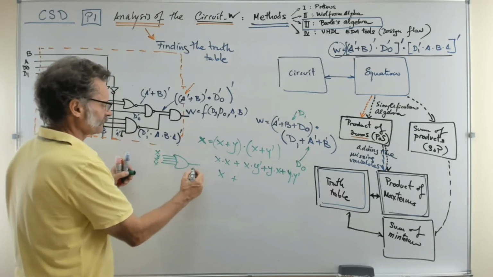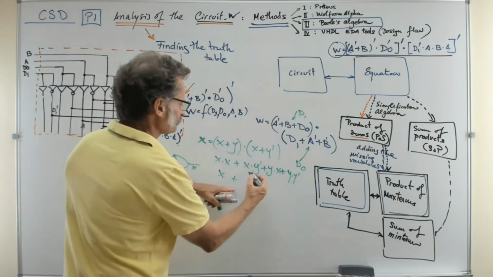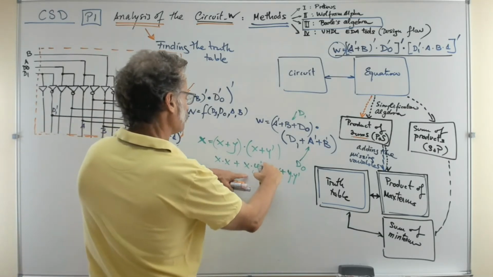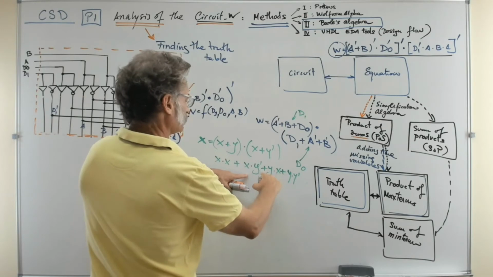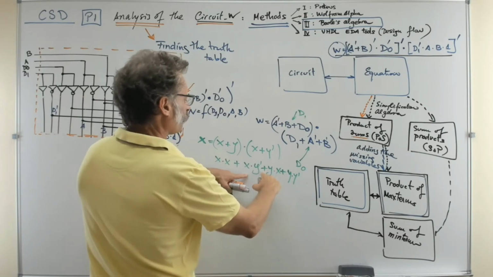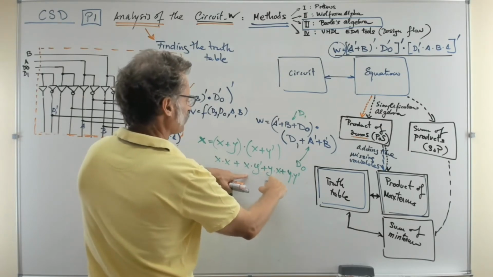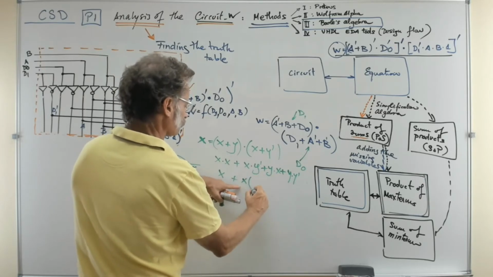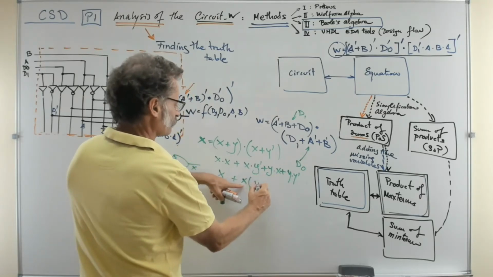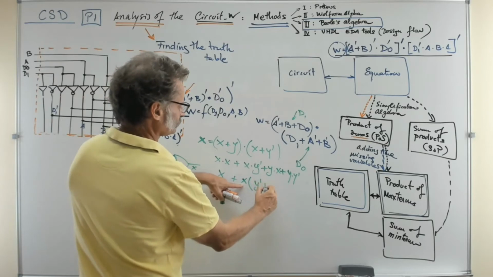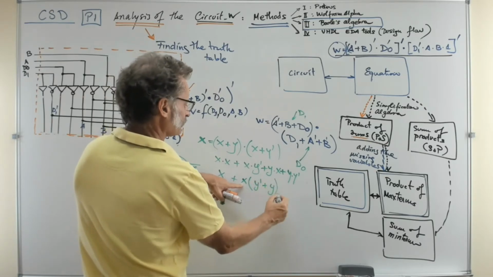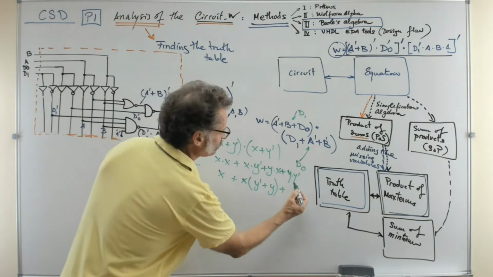This is x, right? So then you have x and y not, or x and y. So you can take a common factor, x, y not or y, and finally you have here y not.